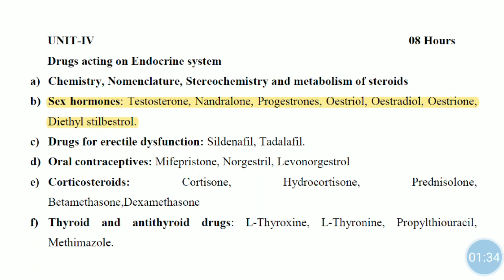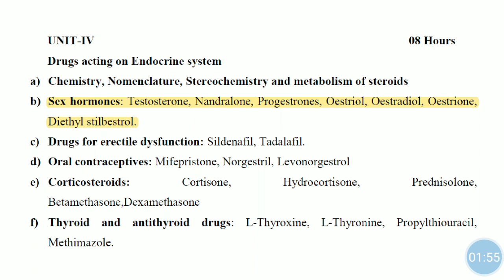Most of the progesterones also get covered under the oral contraceptives. For example, mifepristone, which is the antagonist of the progesterone receptor, then norgestrel and levonorgestrel. These are some examples of derivatives of progesterone.